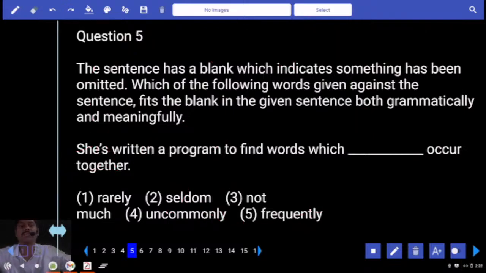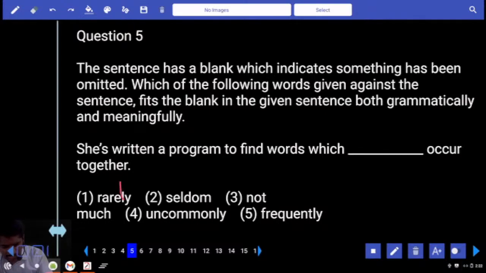Kind of attractive, tempting. She has written a program to find words which dash occur together. Rarely, seldom, both are seen. What do you rarely do? We regularly write everything which is on the screen. We rarely touch and we rarely learn whatever we write. Am I correct?